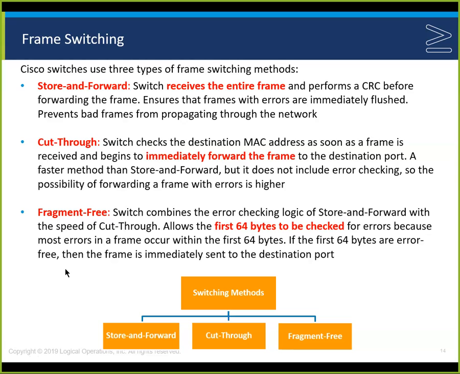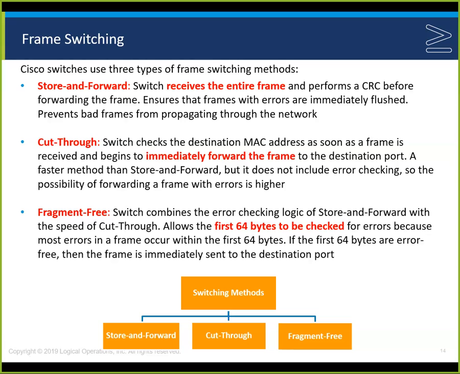Kind of a compromise, fragment-free. And I think one of the slides said yesterday that most collisions occur within the first 64 bytes. Most errors occur within the first 64 bytes of the frame. So the switch combines the error checking of the store and forward with the fast forwarding of the cut-through.